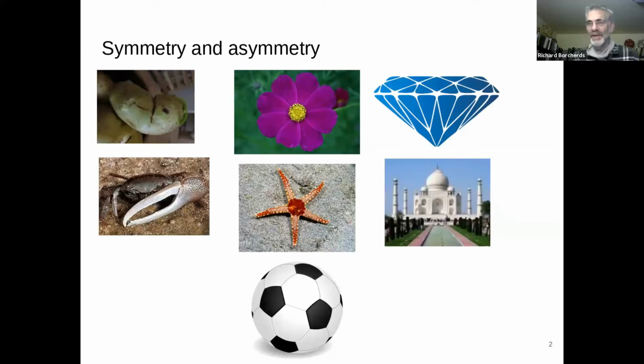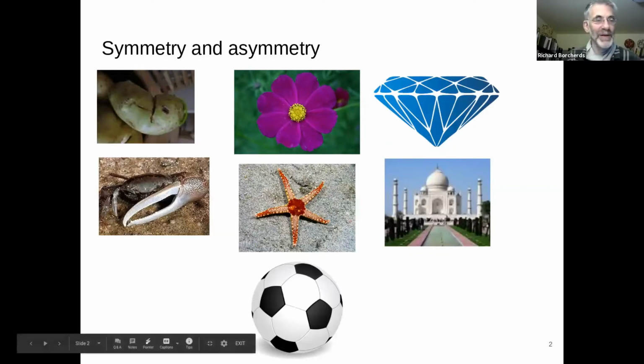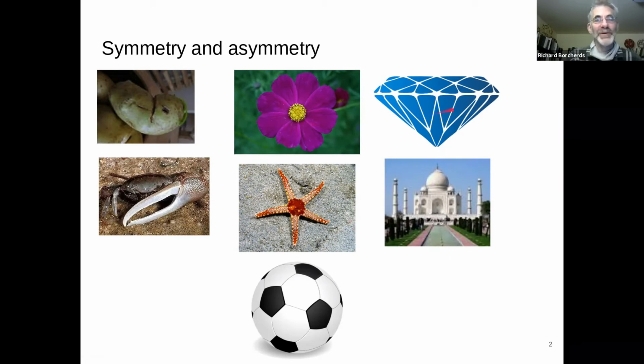So a group is a collection of symmetries of something, and symmetries of something are, well, that's sort of what makes things look pretty. So here are some examples of things with various symmetries. So for example, we have here a flower with some sort of eightfold symmetry, and diamonds are considered nice, possibly because they have various symmetries.